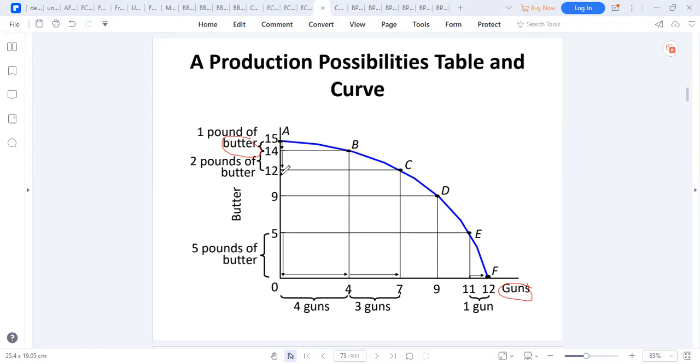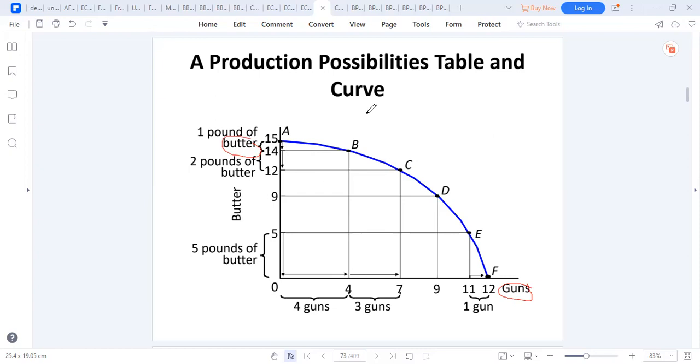Moving from point B to point C, 2 pounds of butter will represent an opportunity cost of 3 guns.